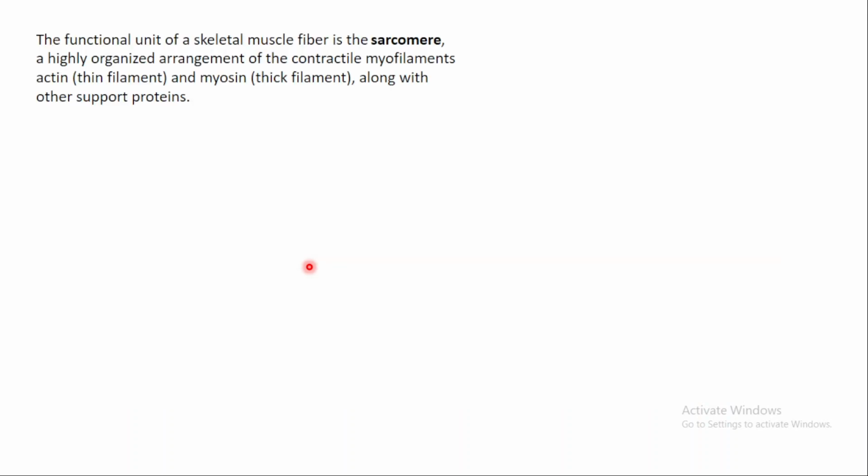So, as the definition says, the functional unit of skeletal muscle fiber is the sarcomere, a highly organized arrangement of contractile myofilaments. So, majorly actin, which is the thin filament, and myosin, the thick filament, along with other support proteins.